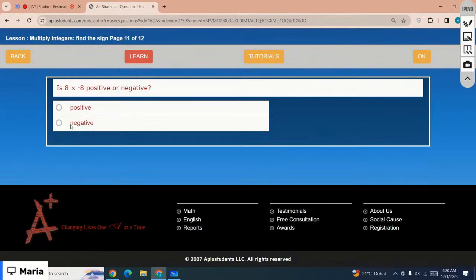One of the numbers is negative, so the answer must be negative. Is 6 times 6 positive or negative? Both the numbers are positive, so the answer must be positive.